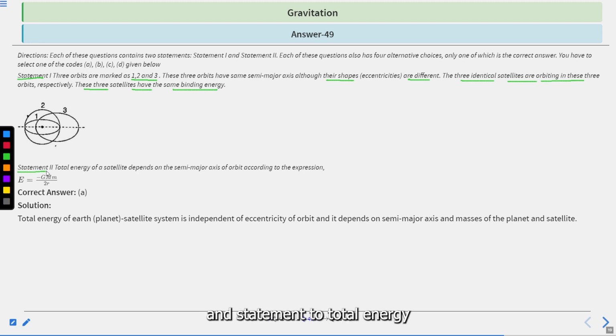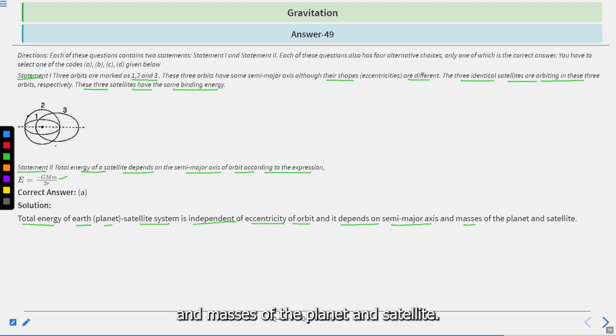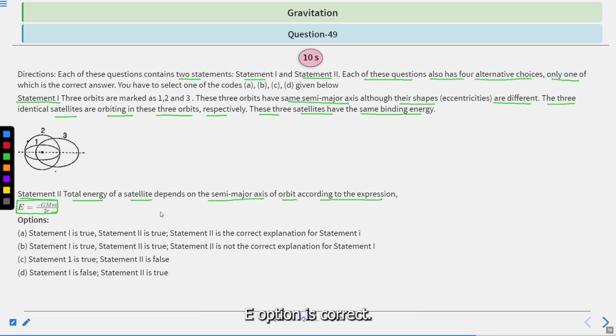And statement 2: total energy of a satellite depends on the semi-major axis of the orbit according to the expression. So the solution is that the total energy of the Earth-planet satellite system is independent of the eccentricity of the orbit, and it depends on the semi-major axis and the masses of the planet and satellite. That's why option A is correct.